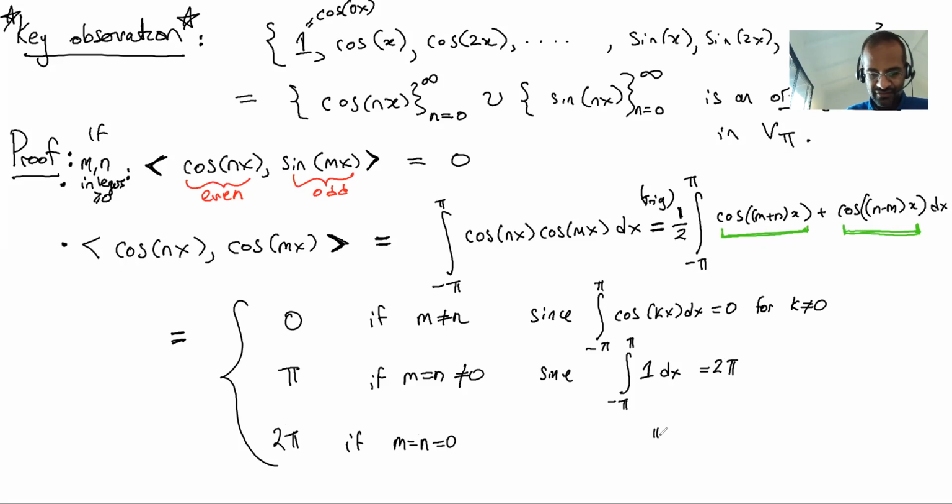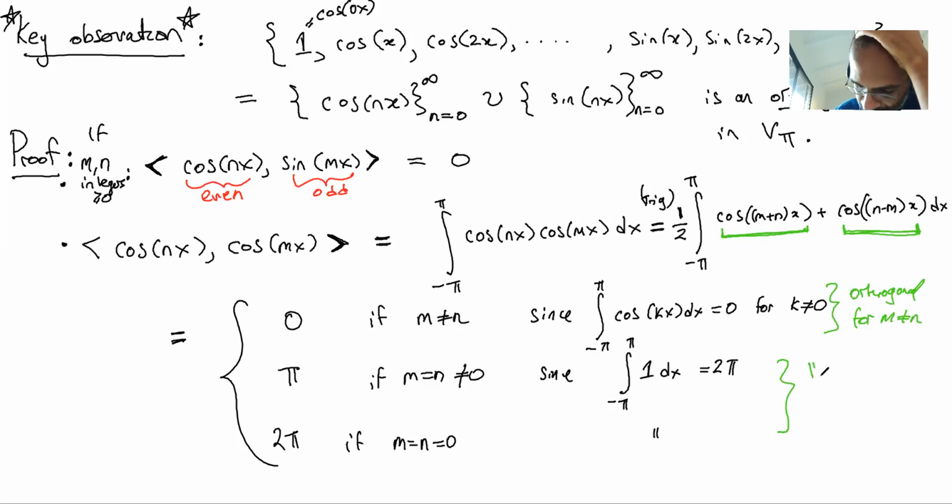So this is a little trig, calculus exercise, but it actually proves essentially the key observation, or at least half of it, which is that these vectors, the cosines, are pairwise orthogonal, right? The first property says that they're orthogonal for m not equal to n, and the last property actually tells you what m equals n means.